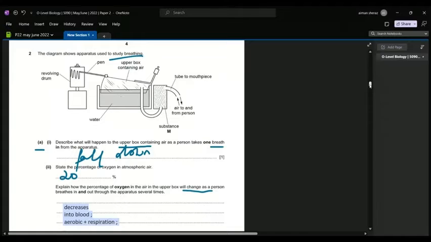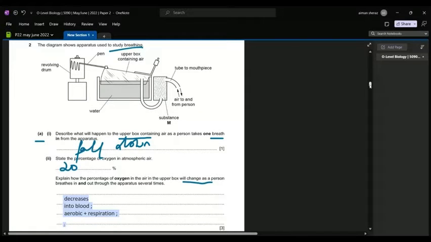So, it is obviously going to decrease because when we inhale the oxygen from the air, the oxygen percentage will decrease in the surrounding air, and it's going to go through the alveoli into our blood. It's going to diffuse into our blood where aerobic respiration occurs, and that is only done in the presence of O2, right? That's why we need oxygen, and while we breathe in, the oxygen level for the surrounding air is going to decrease.